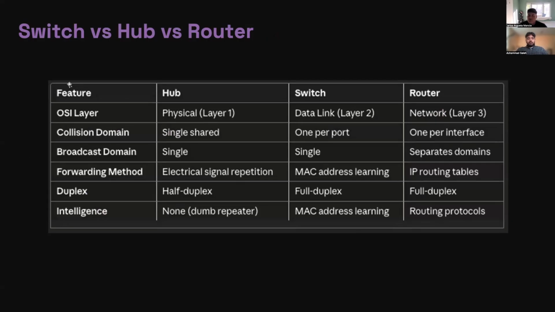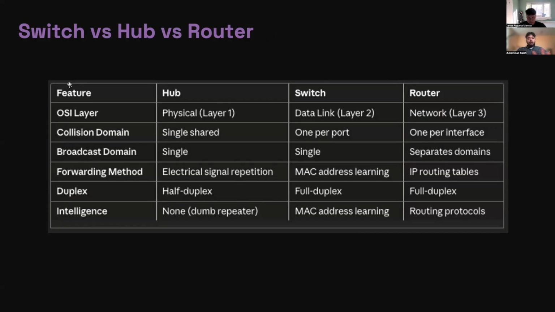and a router. Yep. So we did cover switch in the slide before, which is a layer 2 device, but we also have hubs which operate on the physical layer, which is layer 1 in the OSI model. But the main difference between a hub and a switch, we will say, is the collision domain.